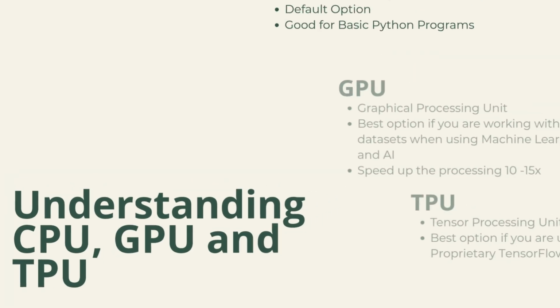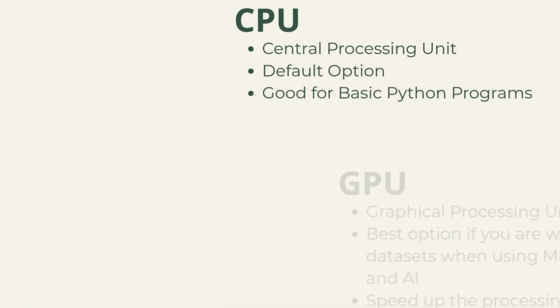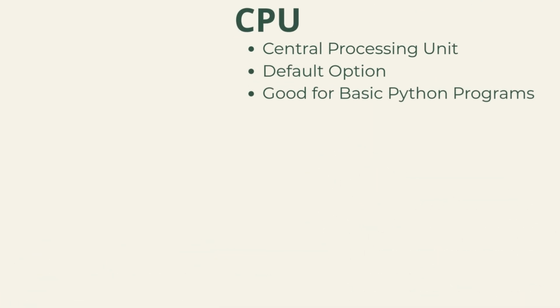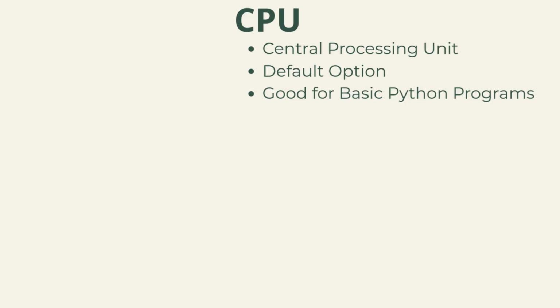And to go over what is CPU, TPU, and GPU. CPU, Central Processing Unit, is the default option, and it is completely free and selected automatically for every account. For now, since we are learning just the basics of Python, you can use the Central Processing Unit, CPU, and that's more than enough.